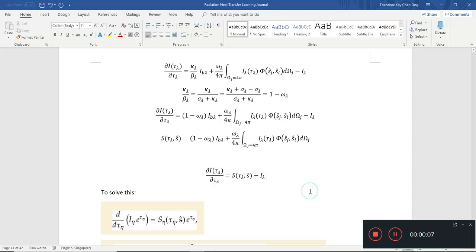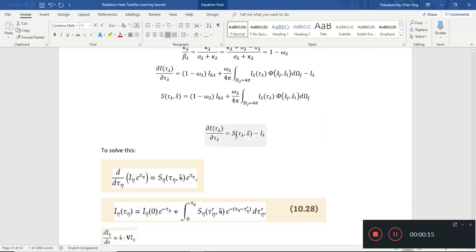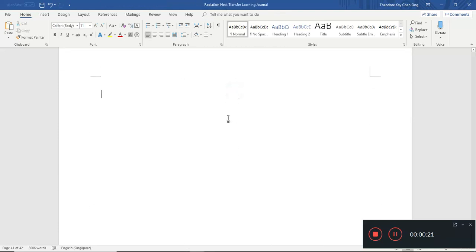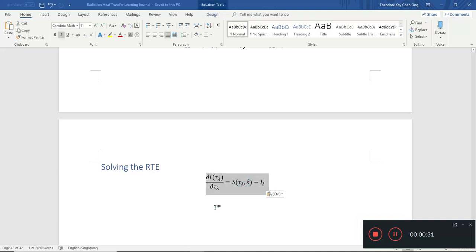So in the last video, we were talking about another form of the equation, as well as the simplified version of the radiation transport equation, or radiation transfer equation. Now we want to talk about solving the RTE, and we have this to start with.